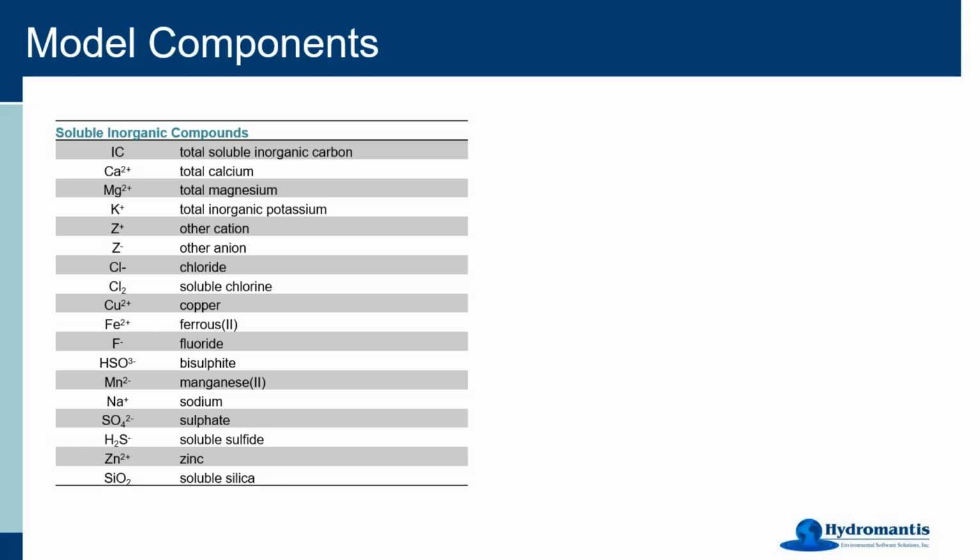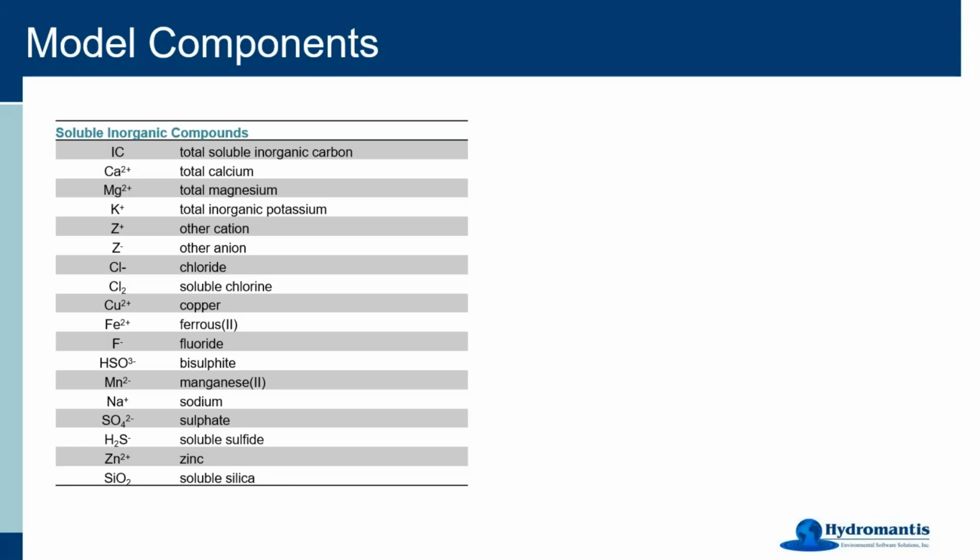There are a number of soluble inorganic components that we have, and here is a list. I won't really go through each one of them, but you will find most of the common ones are there, but you will also find that there are some that are missing. For example, we get questions about arsenic and we get questions about boron. These are the two components we want to add as we go forward, but at present those two components are not there.